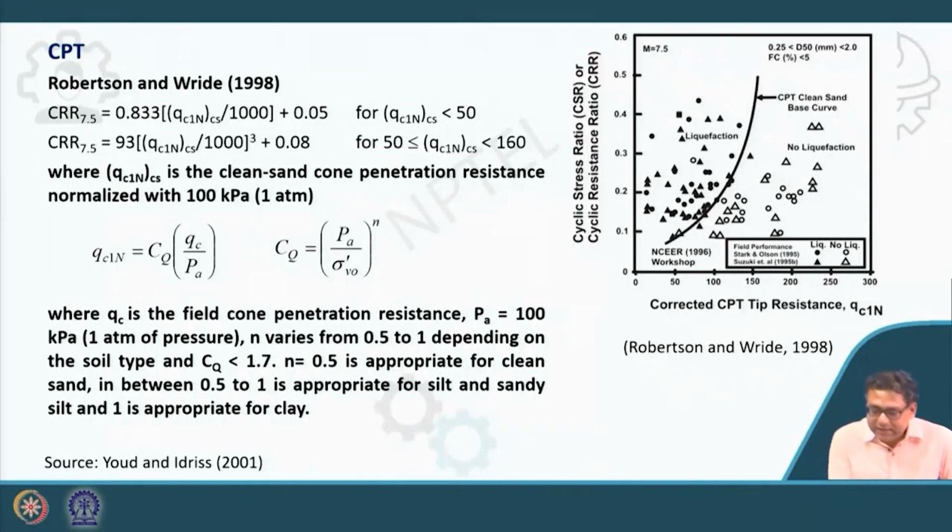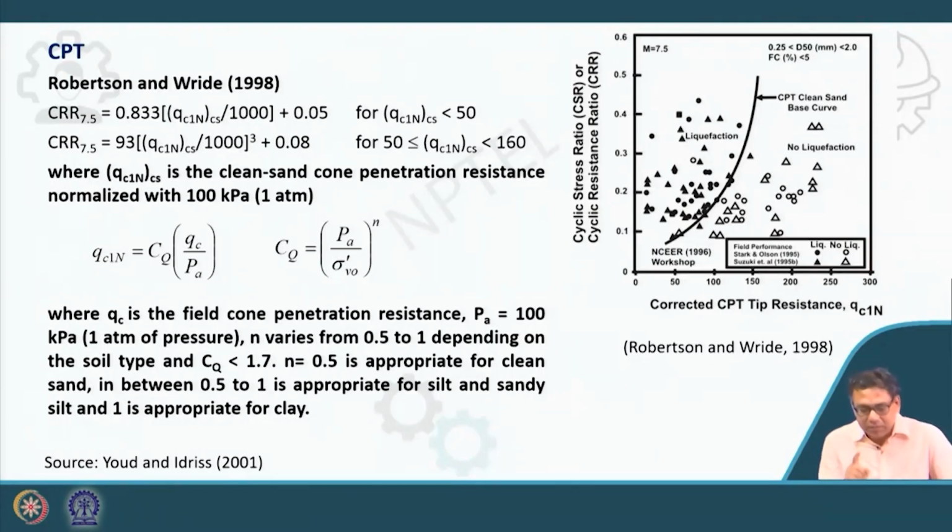If it is clean sand, again, clean sand means fines less than or equal to 5%, then cone penetration resistance can be normalized with 1 atmosphere. That is why it is called qc1N.